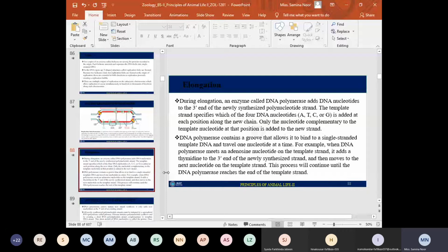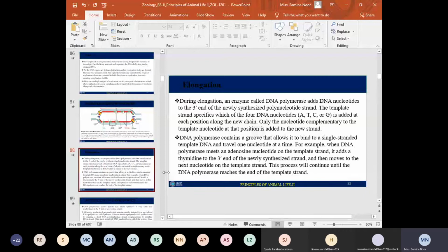Here is a very important property of the DNA polymerase: the DNA polymerase cannot initiate new strand synthesis. It adds new nucleotides to the already existing nucleotide strand.